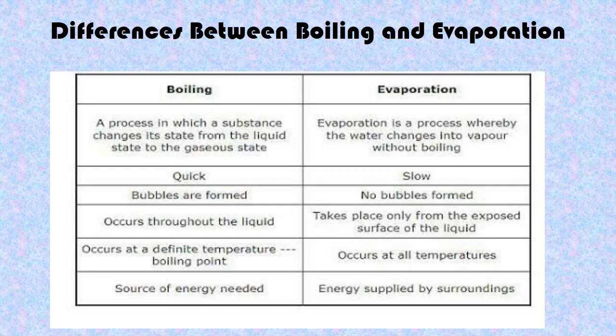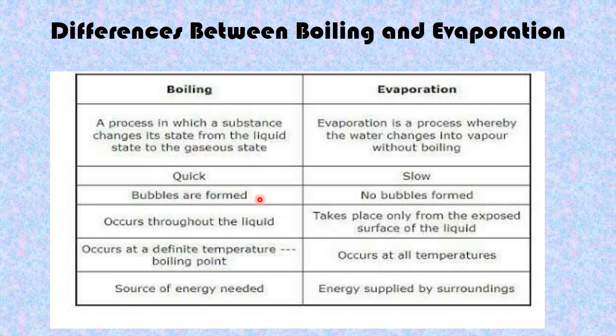Now finally, before we go, we'll be talking about the differences between boiling and evaporation. As you can see right here, boiling is a process in which a substance changes its state from the liquid state to the gaseous state, whereas evaporation is a process whereby the water changes into vapor without boiling or heat. Boiling is a quick process, evaporation is a slow process.